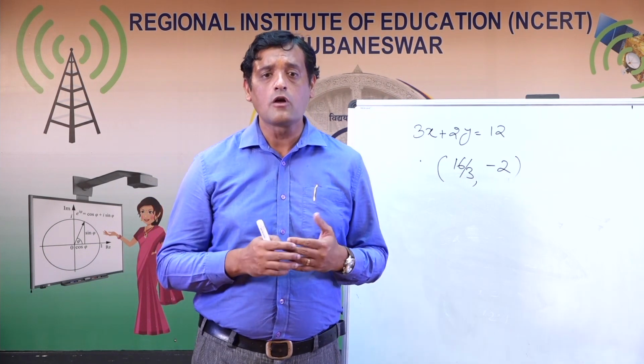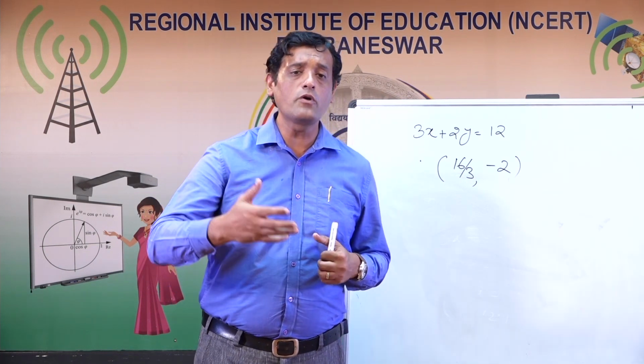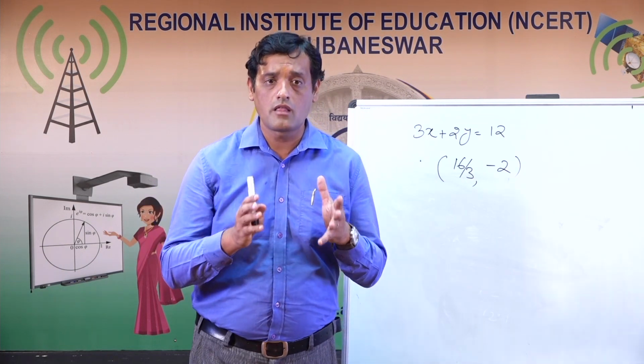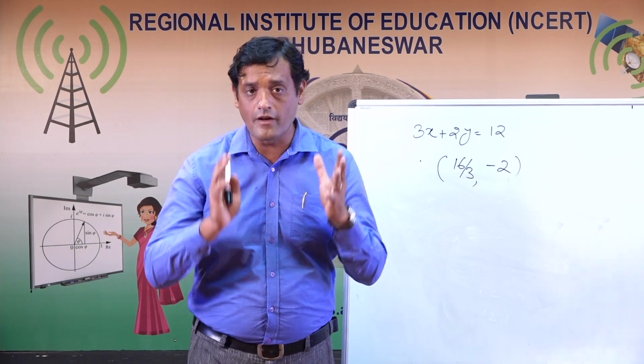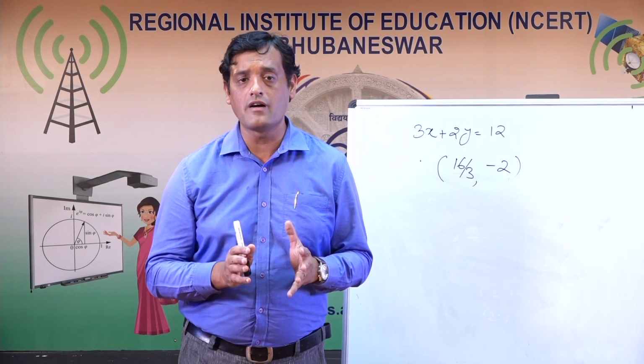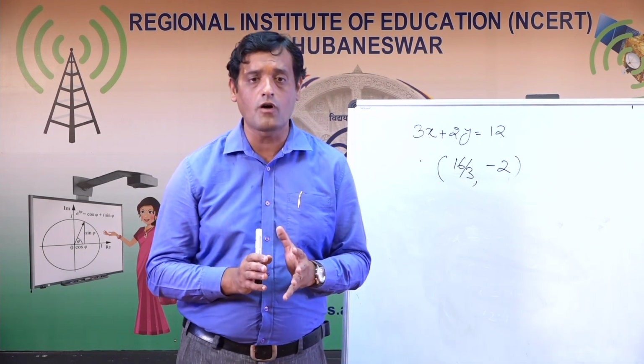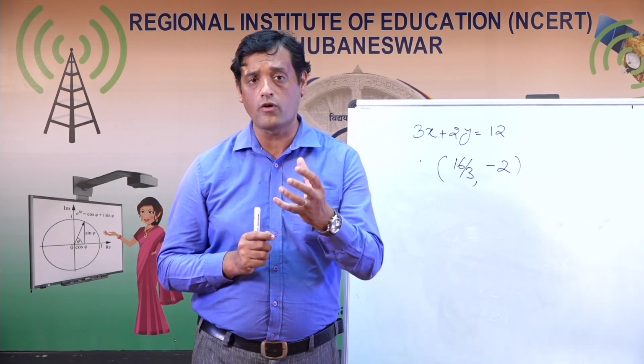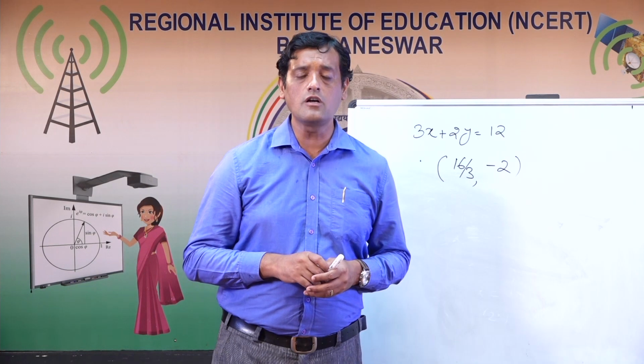So in that way you are putting an infinite number of values, and in a similar manner you are getting infinitely many ordered pairs, and each ordered pair is a solution of your linear equation in two variables. So these are two very beautiful conclusions of a linear equation in two variables.